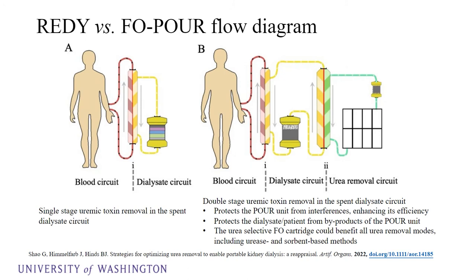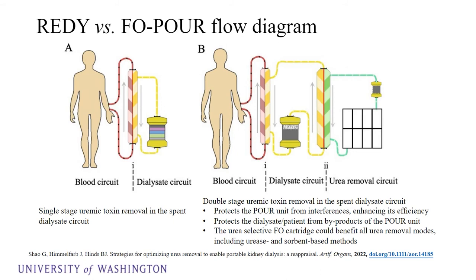So in comparison, in the ready system shown in figure A, the patient is interfaced to the hemodialyzer, and there is a dialysate regeneration unit centered around the urease enzyme with 2 layers of ion exchange materials. On the right, we have our FO-POR, which is the forward osmosis photo oxidation urea removal device.